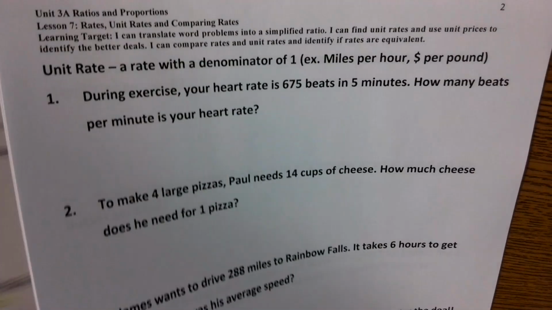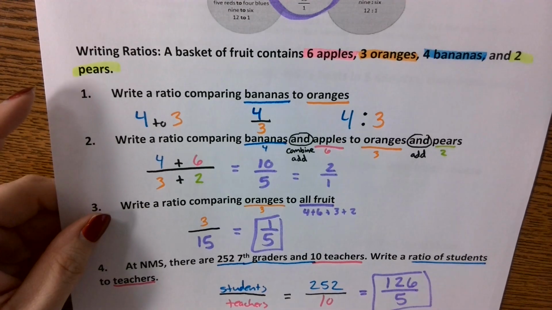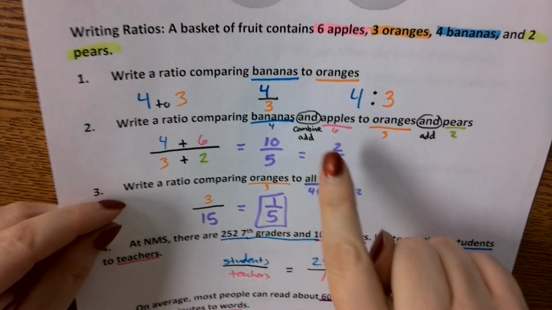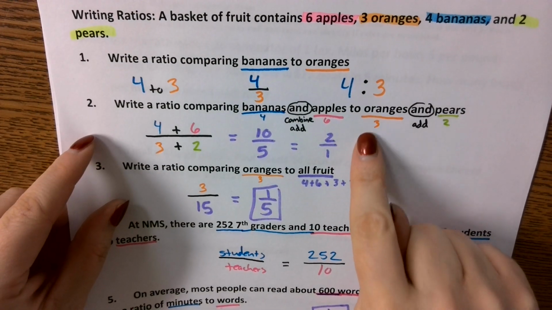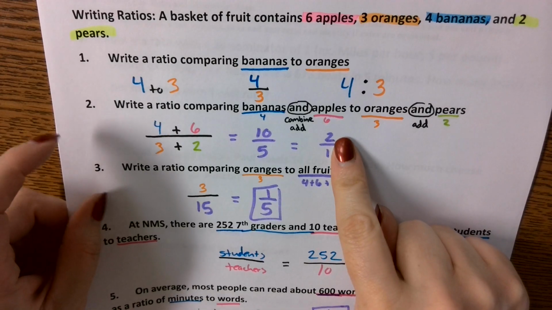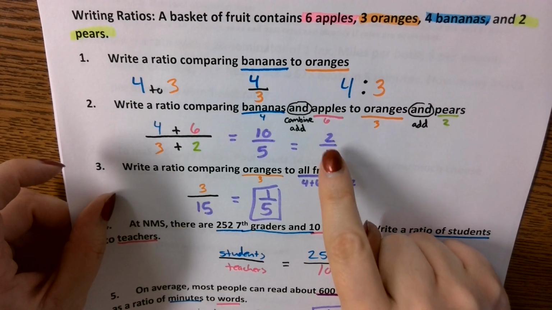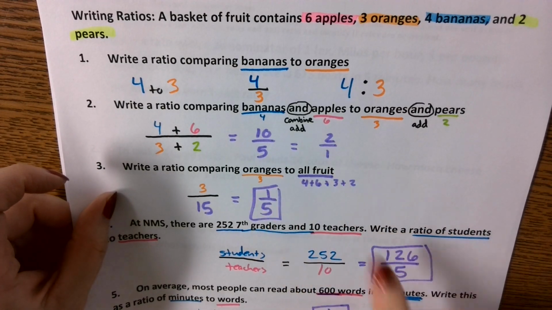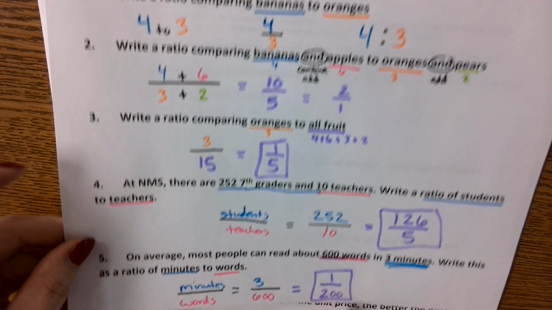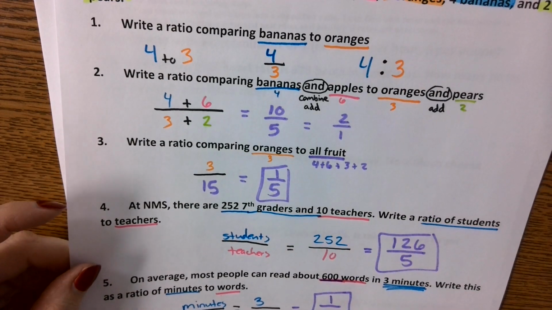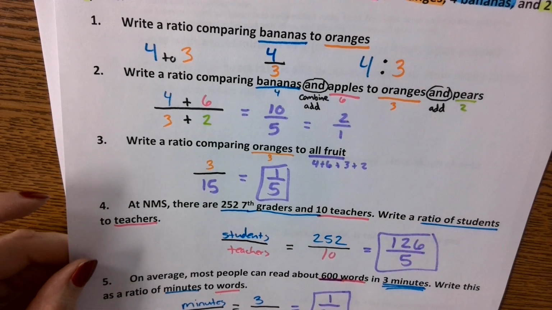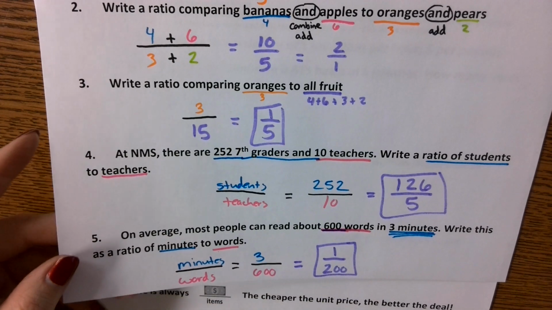So when we're looking at these rates that we created here, the only one of these that has it written in a unit rate is number 2. Number 2 has it written in a unit rate because it has a denominator of 1. Number 3, number 4, number 5, number 1, none of those are considered to be unit rates because their denominators are not a value of 1.